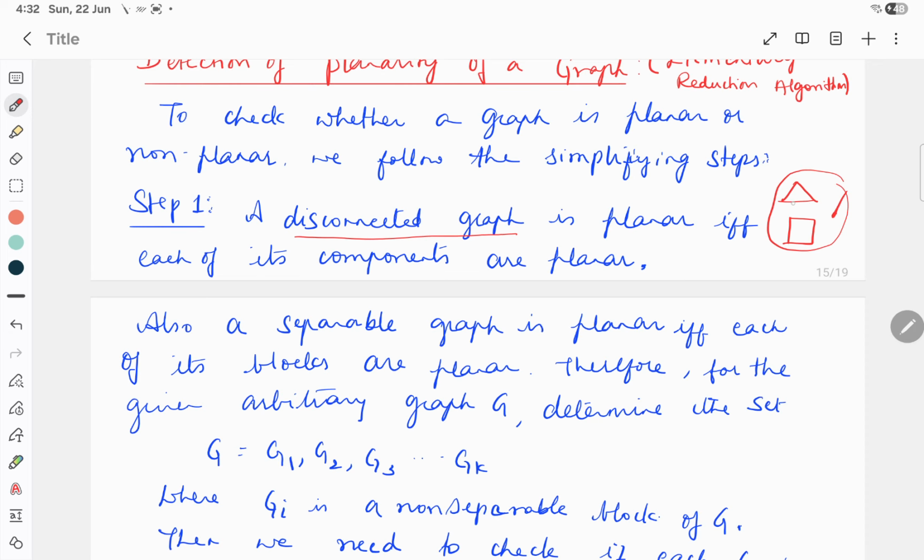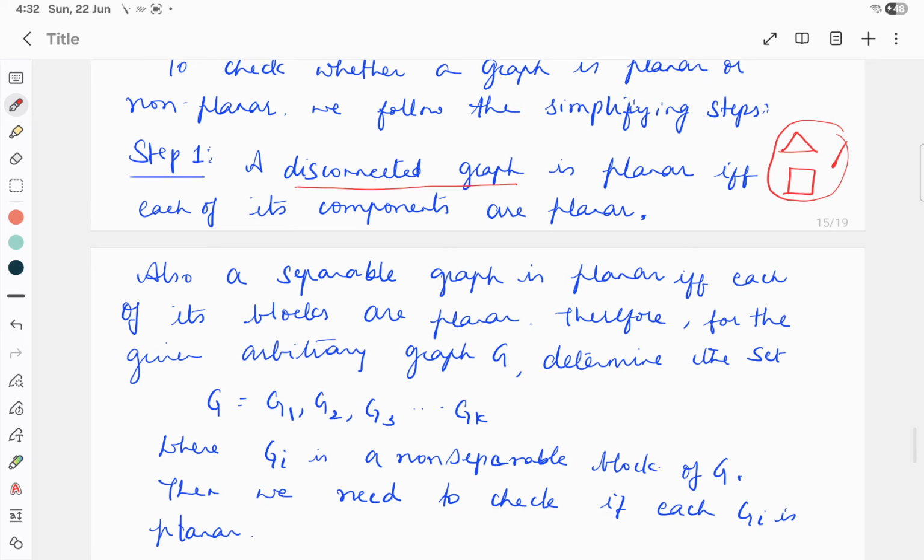I need to check whether each component is planar. If each component of this disconnected graph is planar, then the graph is said to be planar. Also, a separable graph is planar if and only if each of its blocks is planar.